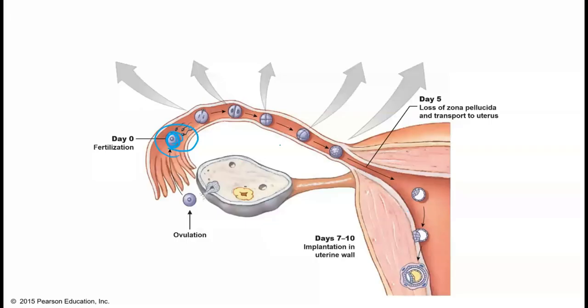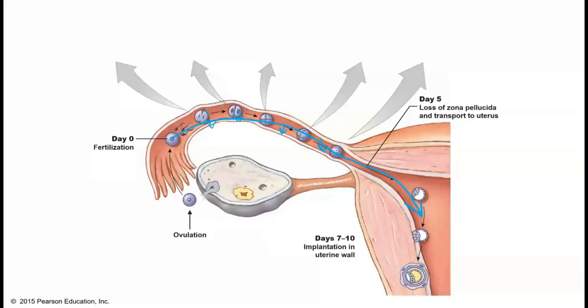Well, that hatching doesn't really happen until about day 5. Okay, so it takes about 5 days for this to pass all the way down and get to the uterus, and so it also takes 5 days for that zona pellucida to erode away. And this is actually a clever mechanism. It keeps implantation from happening up into this tube, which would be a bad thing.